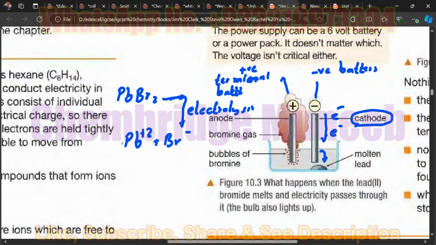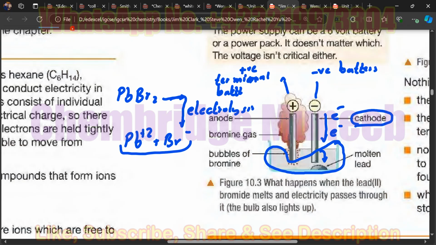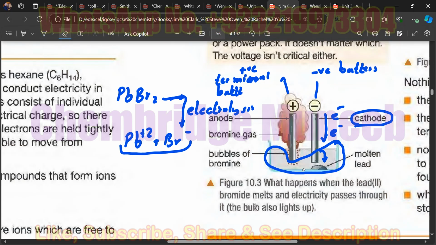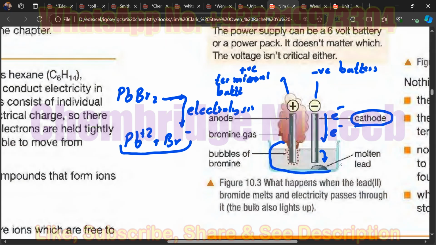Now when these two ions are formed, they are present in this electrolyte, in solution form or molten form, but currently here we are using the molten form. So this PbBr2 and the lead ion and the bromide ion are present in this liquid portion of this container. Are you getting the point? Yes. The molten form and the ionic form of the lead bromide is present in this liquid portion.